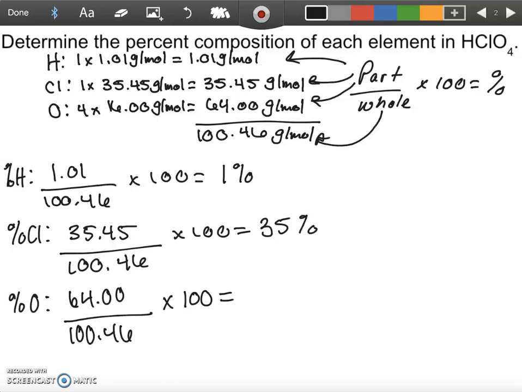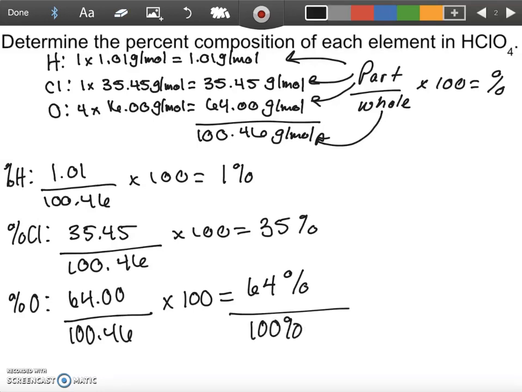And then 64.00 divided by 100.46 is going to be equal to 64%. And if you add those up, you should get exactly 100%.